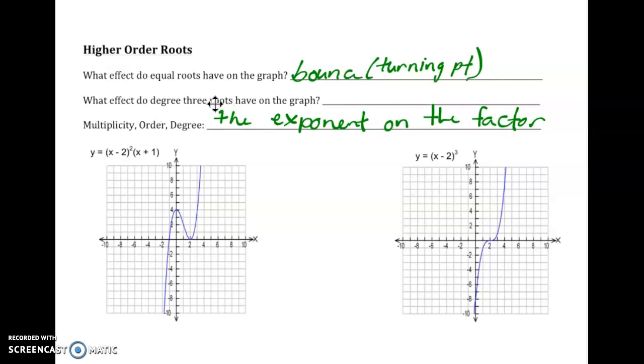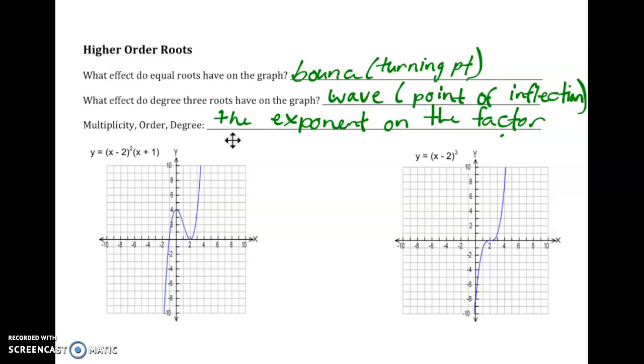What effects do degree 3 roots have on the graph? If there's a multiplicity of 3 or an order of 3, that causes a wave. More officially, it's called a point of inflection. If you go on to study calculus, you'll learn a lot more about points of inflection.